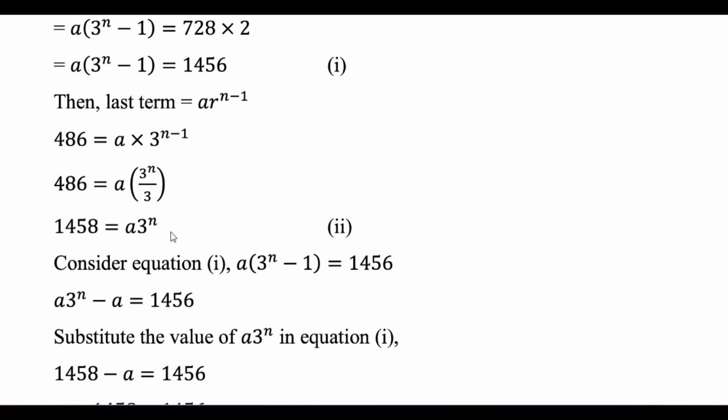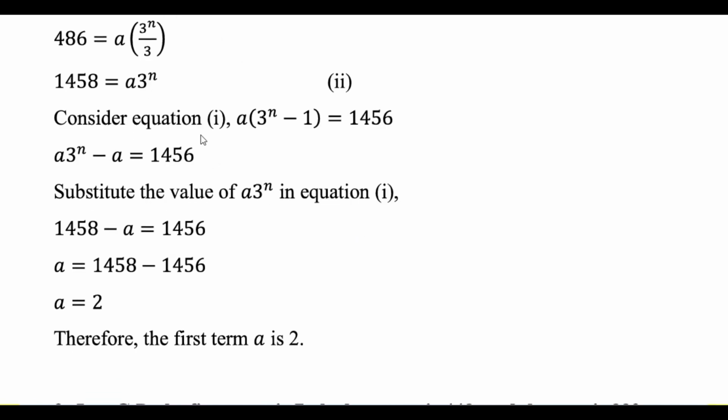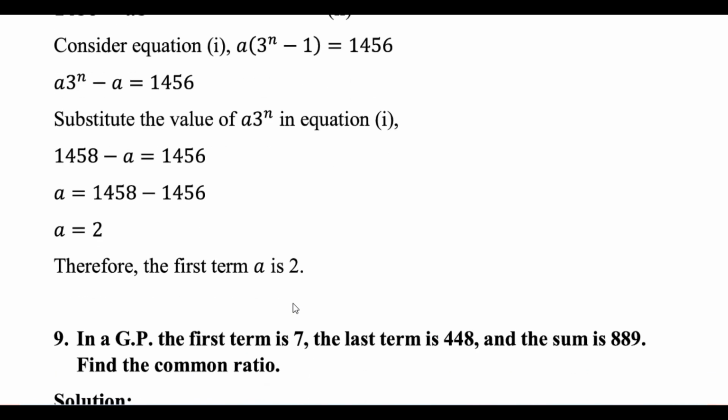After a little simplification, make this equation number 2. So consider in equation 1, a into 3 to the power n minus 1 is equal to 1456. After that, substitute the values in equation 1, you will get a is equal to 2. So the first term is 2.